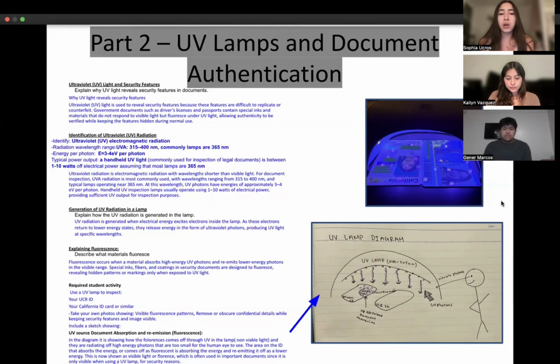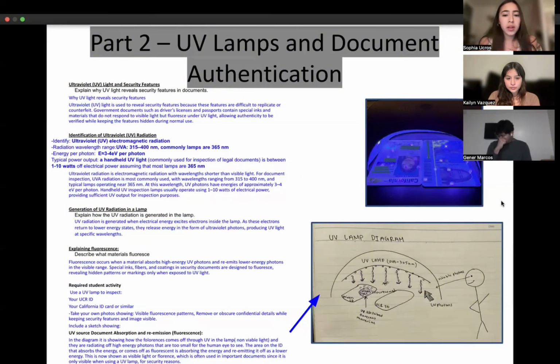Commonly, the lamps are 365 nanometers. Energy per photon is 3 to 5 eV, and the typical power output of a handheld UV light, which is commonly used to inspect legal documents, is usually between 1 and 10 watts of electrical power, assuming that most lamps are 365 nanometers.